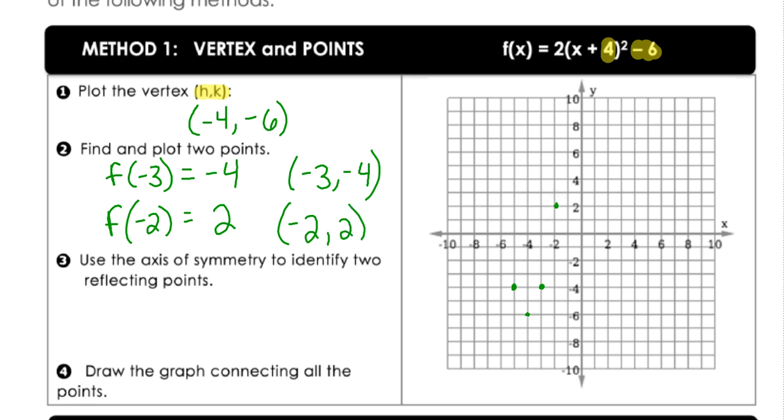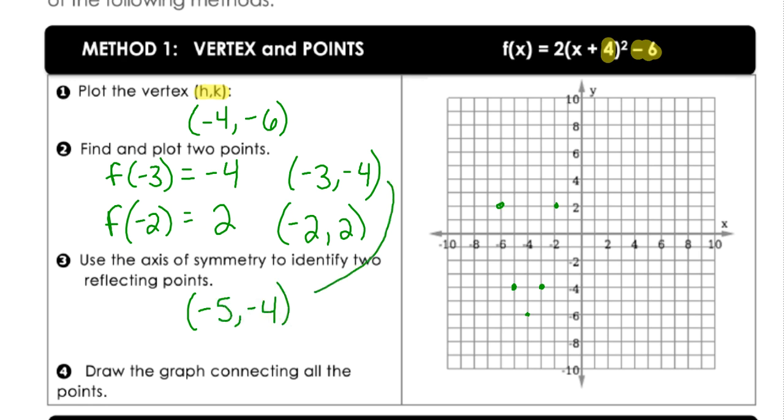So if I go plot that, and again, I can reflect that over that axis of symmetry and vertex and get another point out there. So those reflected points that I just got, from negative 3, negative 4, when I reflected that over, I got negative 5, negative 4.